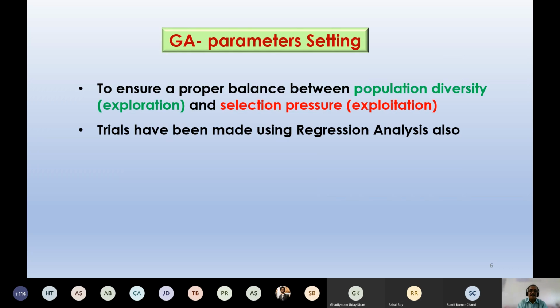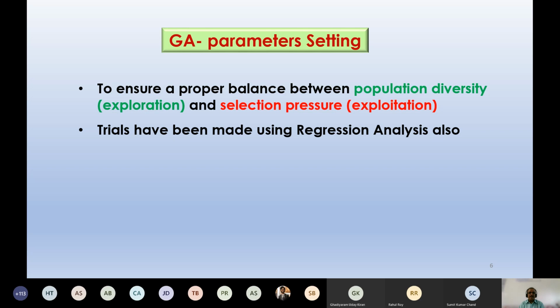Once again, let me come back to the concept of population diversity and selection pressure. Population diversity is nothing but exploration, and selection pressure is nothing but exploitation. I have already mentioned, if the population diversity is more, if the exploration is more, there could be stagnation, and that particular stagnated solution may not be good.